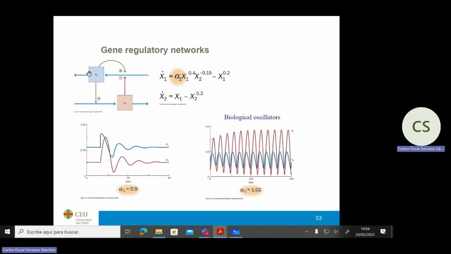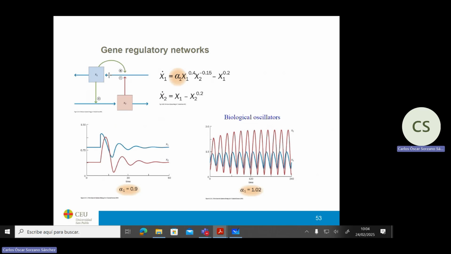And then X1 is secreted or metabolized into something else, so X1 disappears, and X2 is promoted by X1. And then X2 is metabolized. Okay, so then you have a feedback network here.